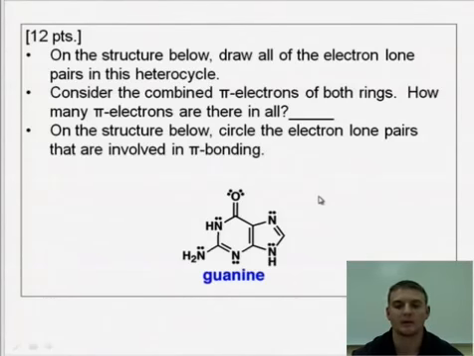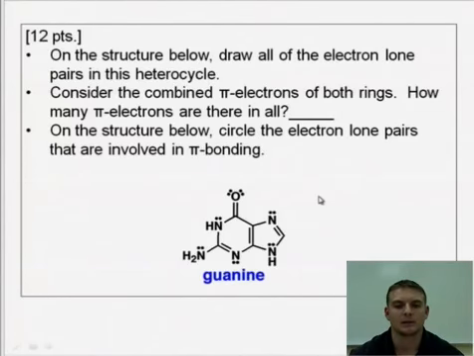So the oxygen is double bonded, so it contributes 1 pi electron also, so that would be our 12th electron. And the 3-connected nitrogen bonded down here also has its lone pair in a p orbital and would account for our 13th and 14th pi electron count here.